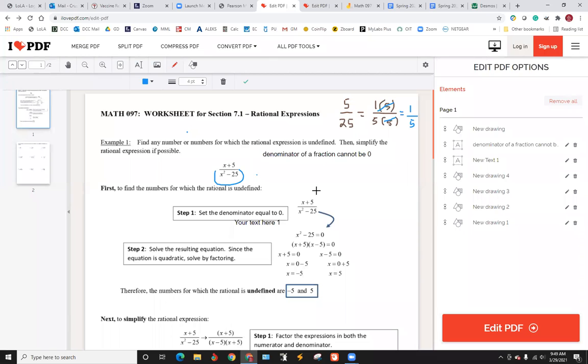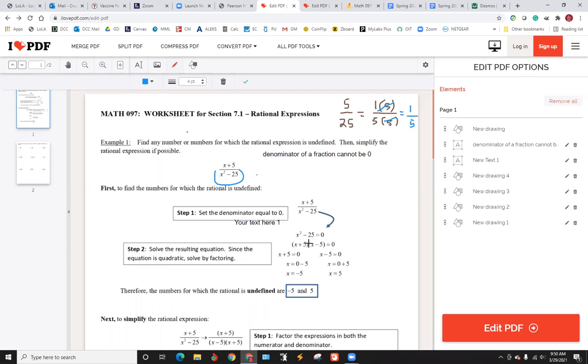The way I showed you that you can factor it in chapter 6 was just realize that what's missing is the x term, so you have 0 x's. So you're looking for numbers that multiply out to be 5, and since this is negative, they got to be different signs, and they add up to be 0. Well, there's only two numbers that do that: x plus 5 and x minus 5.